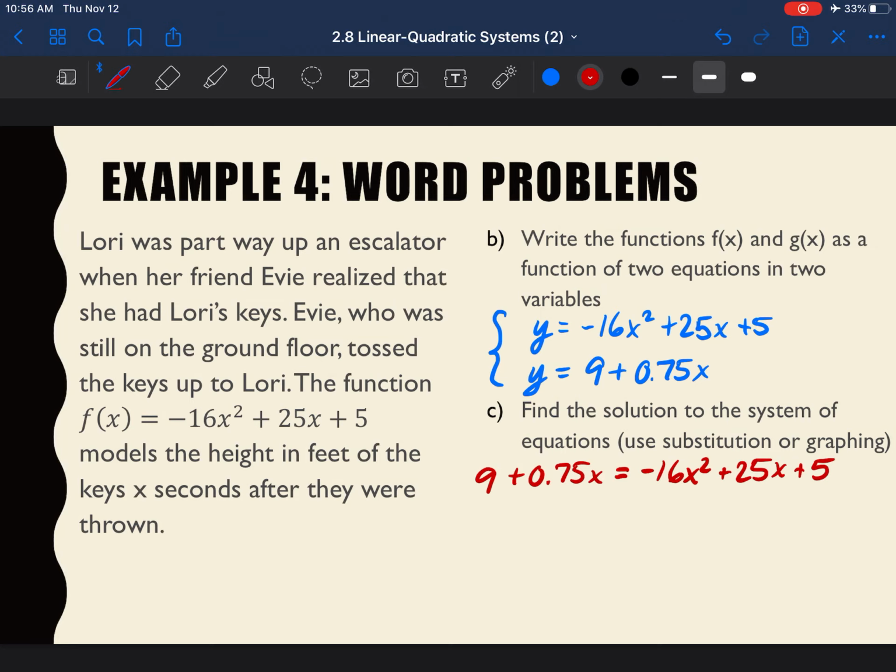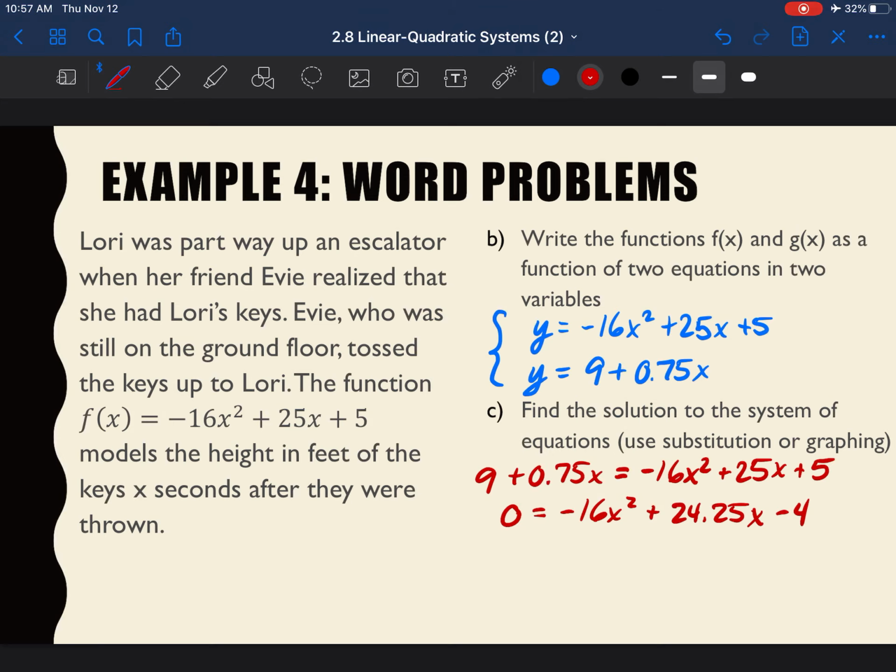So you got a minus 9 and minus 0.75x, so that would give you 0 equals negative 16x squared. Subtract the 0.75 from the 25, so that would be 24.25x, and then minus 9, so you get negative 4.